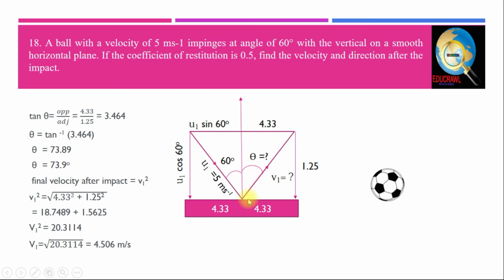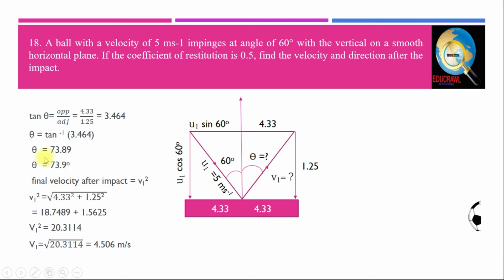Adjacent is, this is the adjacent side. So here the parallel side value is 1.25, so here also it will be 1.25. So tan theta is equal to 4.33 divided by 1.25, which is nothing but 3.464. So theta will be equal to tan inverse of 3.464, which is nothing but 73.9 degrees.